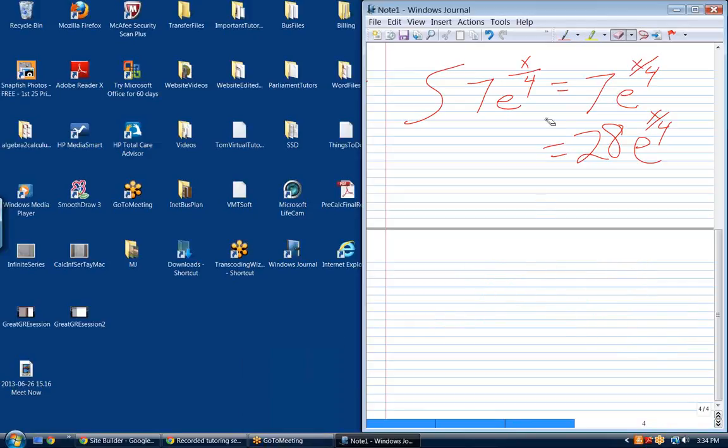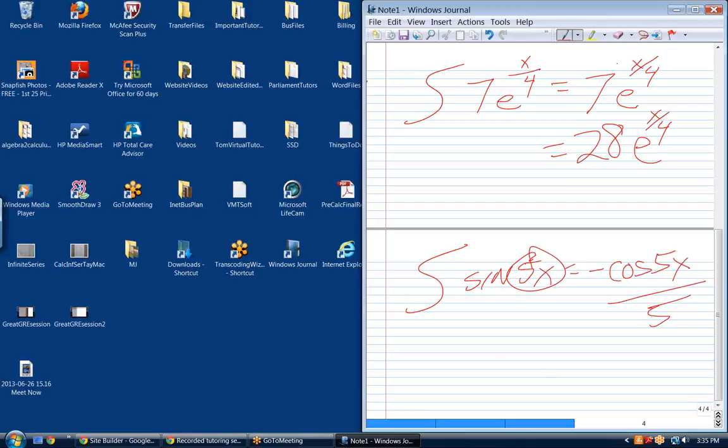Same way that the integral of sine of 5x is negative cosine of 5x divided by 5, divided by the derivative of the inside.